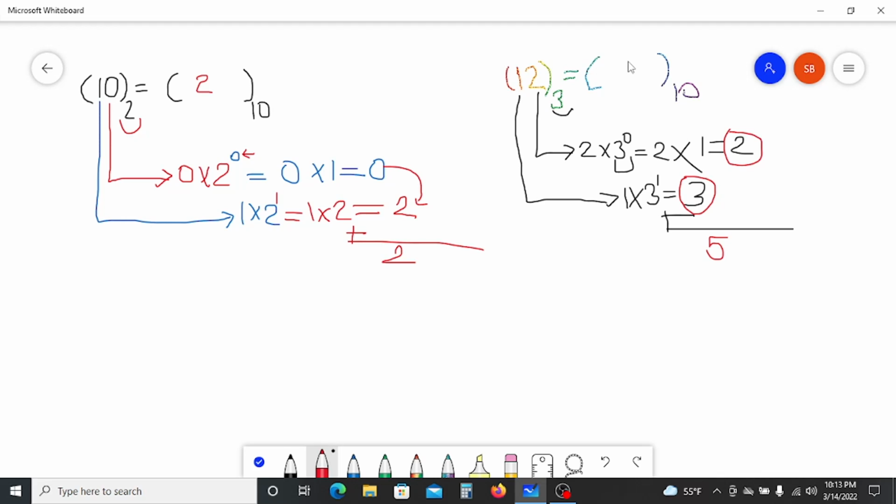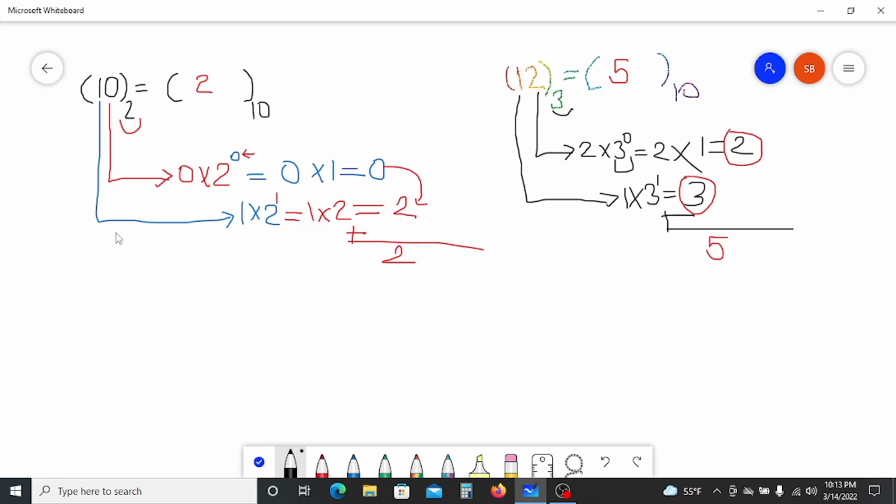We need to write here 5 in base 10. That means 12 in base 3 is equal to 5 in base 10. I hope it is understandable, but we can do more examples in coming videos. We can do it more and more.